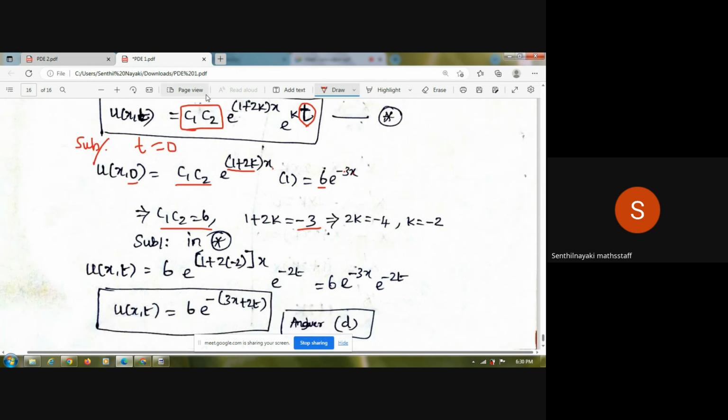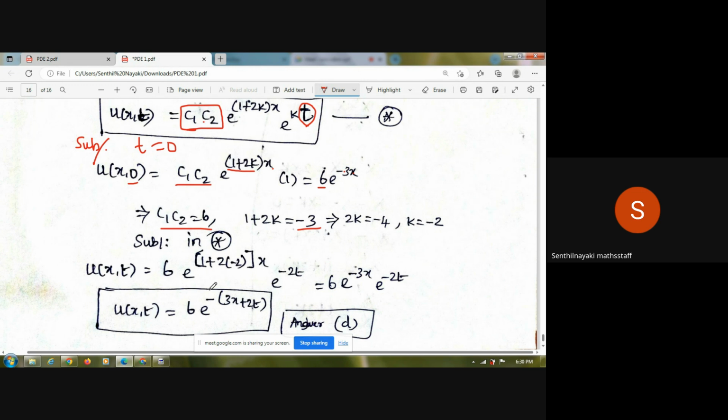So substitute into this solution, then u of x comma t equal to, substituting the values of C1 C2 and k in this star equation, we get 6 e power (1 plus 2 into minus 2) of x, e power minus 2t. Instead of k, we are substituting minus 2.